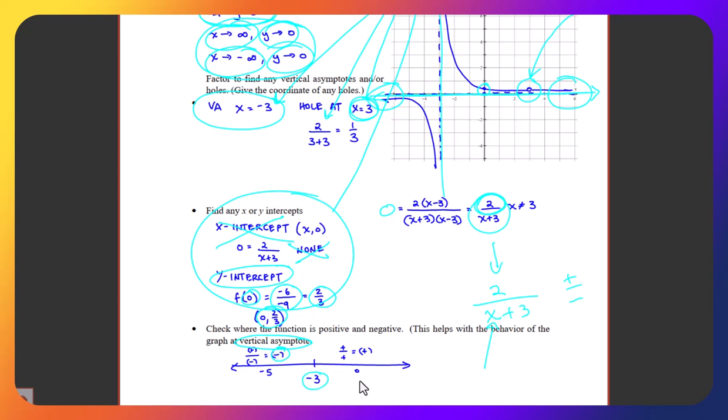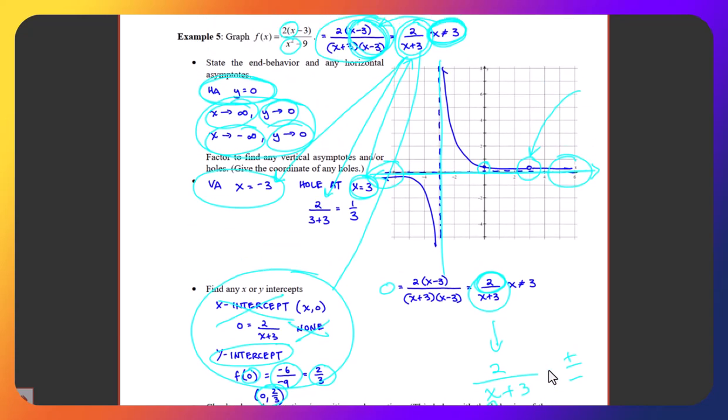And then to the right of negative 3, if I plug in 0, I get 2 over 3, or a positive over a positive. So, to the left of negative 3, it's negative, and to the right of negative 3, it's positive.